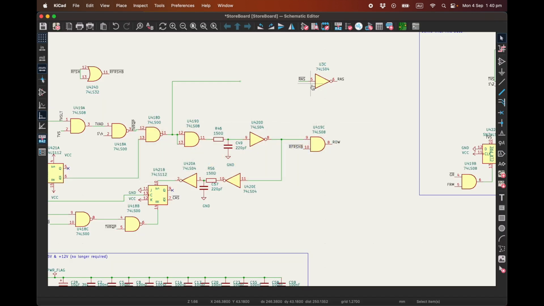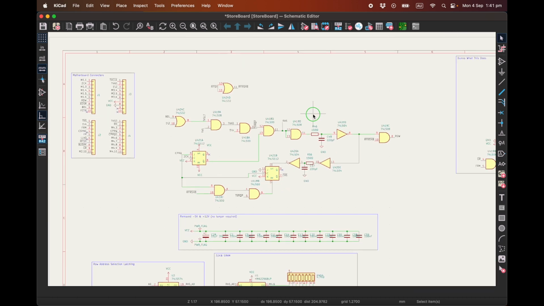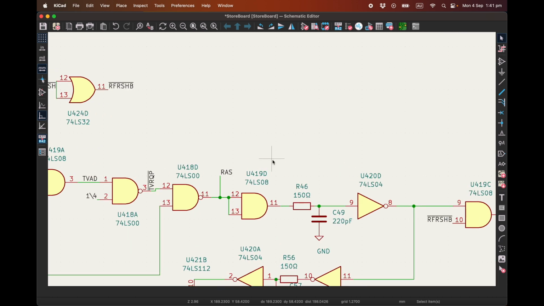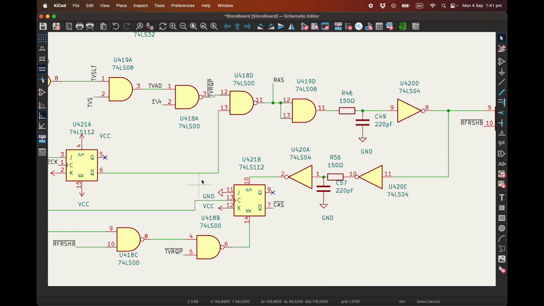So we go back to KiCad, we can even get rid of that. So really RAS is that value there. That just seems too simple.